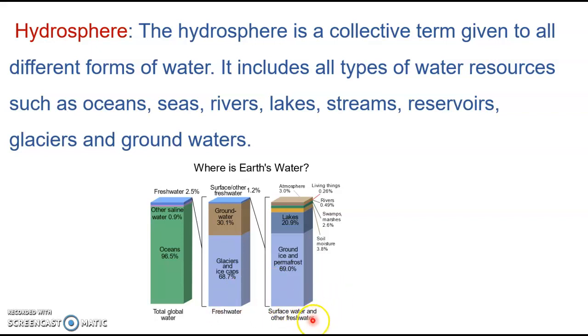And considering surface water and other fresh waters, of which 20.9% is present in lakes, 3% in atmosphere, 0.26% in living things, 0.49% in rivers, swamps 2.6%, and soil moisture content is 3.8%.